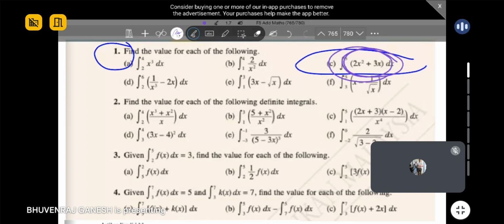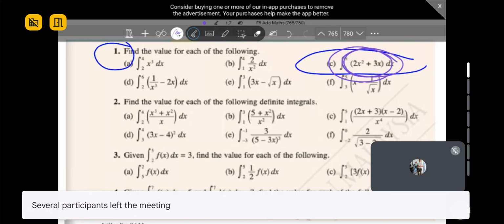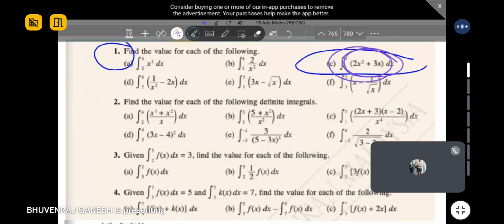Anyone? Cuba buat dengan pantas pengamilan kamu. Try to do quick. What will be your answer? Anyone? Apa jawapan kamu setelah kamirkan yang ni?